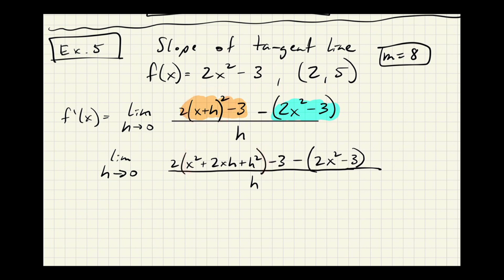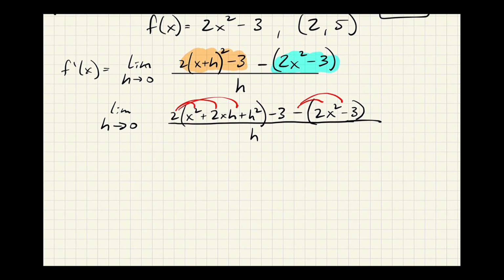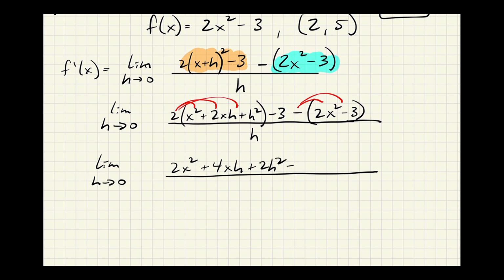Okay, so now I have to do some distributive property. Distribute the 2 here, distribute the negative here. So I have the limit as h approaches 0, 2x squared plus 4xh plus 2h squared minus 3, and then negative 2x squared plus 3.